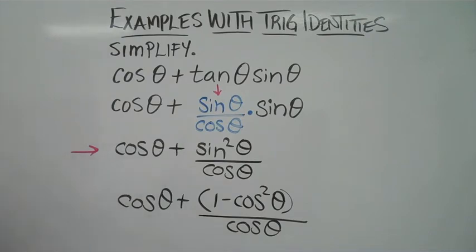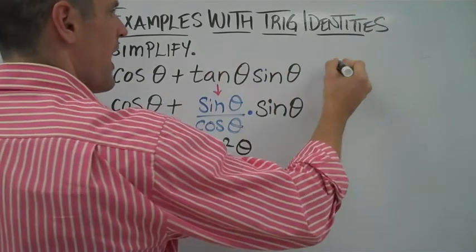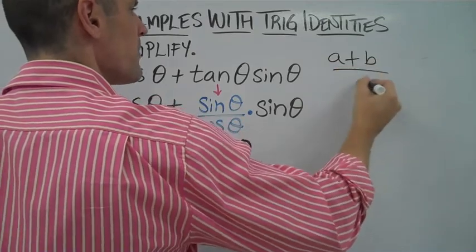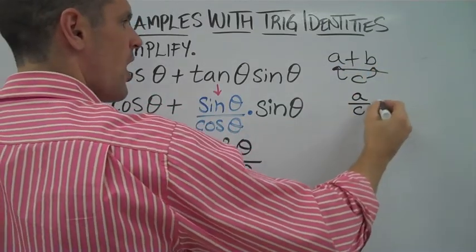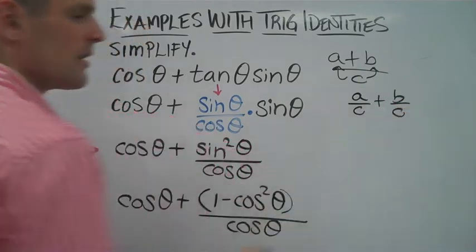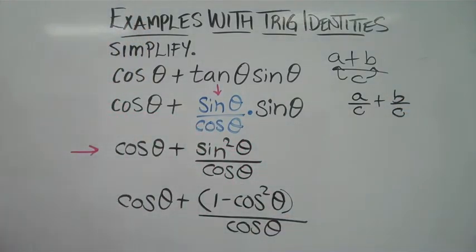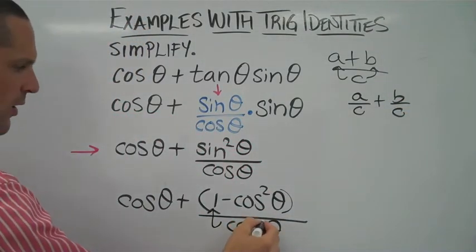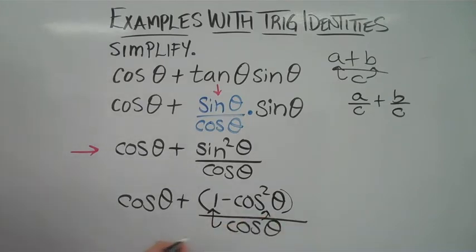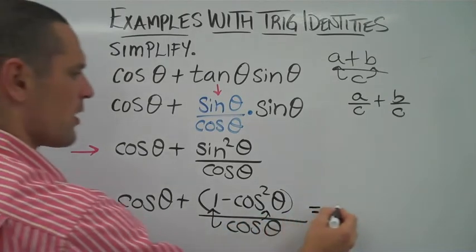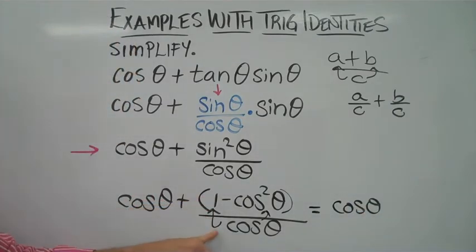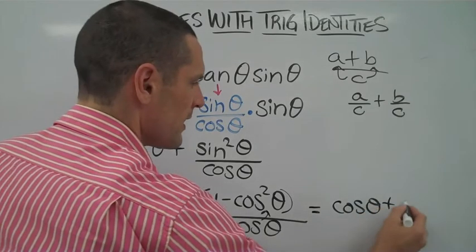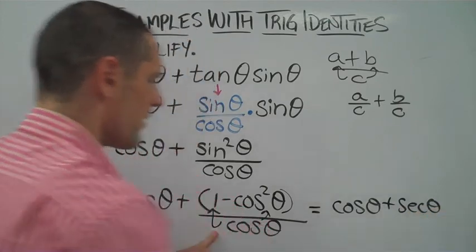At this point, I can think about if I have A plus B divided by C, I have to divide the C into both of the terms. I get A over C plus B over C. Well, if that's the case, I can divide cosine into 1 and cosine into cosine squared, and I'll get cosine theta, my original cosine theta there, plus 1 over cosine theta, which is really secant theta.